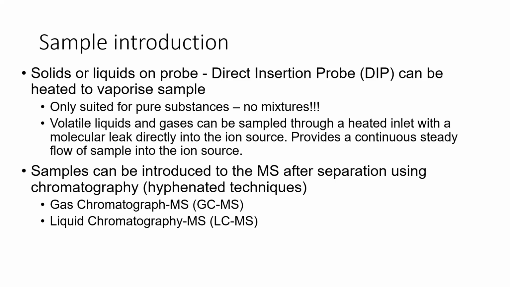That is why when it's coupled to a gas chromatograph, the GC will separate the components, and they are then analyzed according to their mass to charge ratio, but they must be pure substances.